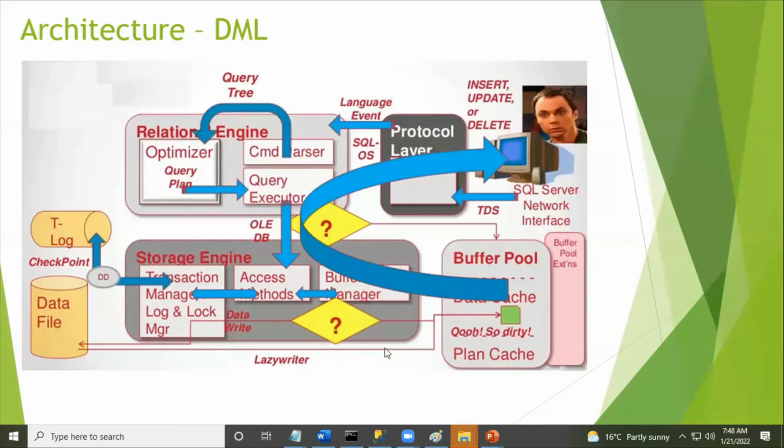One is it will write whatever we have in the log cache to the transaction log file, before writing these modified pages to the data file. It flushes the dirty pages from the buffer pool to the data file regardless of whether the transaction is committed or uncommitted.